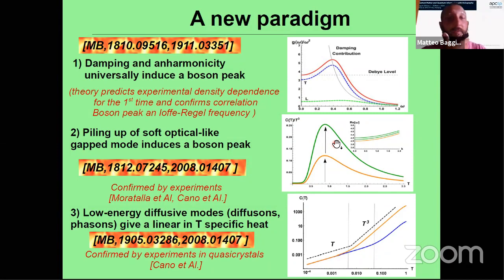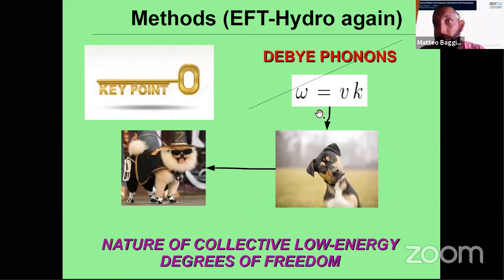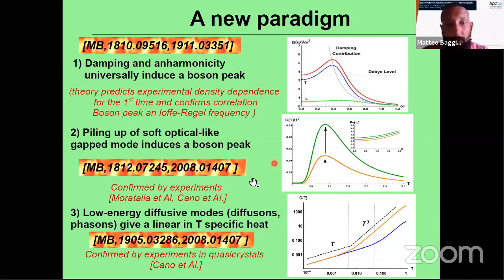Another very funny thing that we found is that the linear in T contribution to the specific heat can be given by diffusive modes. So if instead of the Debye mode, you imagine that you have diffusive modes, and ask what is the specific heat which corresponds to a diffusive mode, you can do the computation.